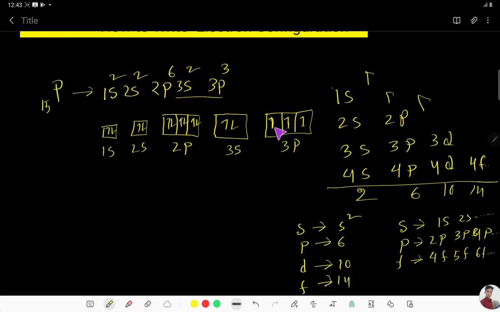Look, here the direction of spin is parallel, that is similar, right? It will spin clockwise, it will also spin in clockwise direction, right? The spin will be the same for all the electrons in degenerate orbitals. So this is the orbital representation of phosphorus.